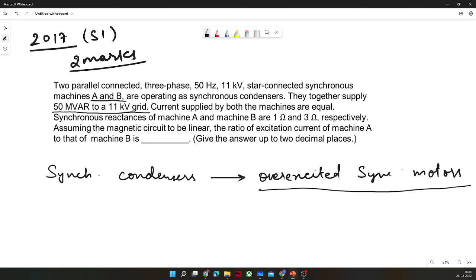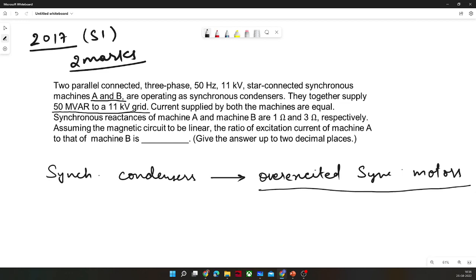Synchronous condenser is an overexcited synchronous motor under no load conditions. Yeah, that's the overexcited synchronous motor that I am saying. But the issue is here whether it supplies leading power or lagging power, right? Yes, sir. I knew it will provide only leading reactive power for the lagging load. No issue, we can right away search on Google.